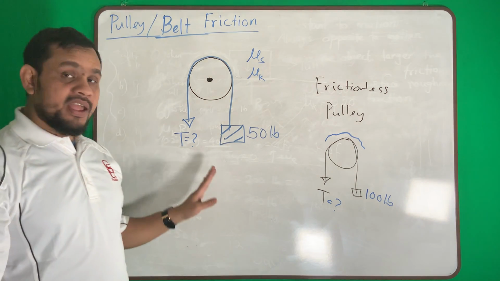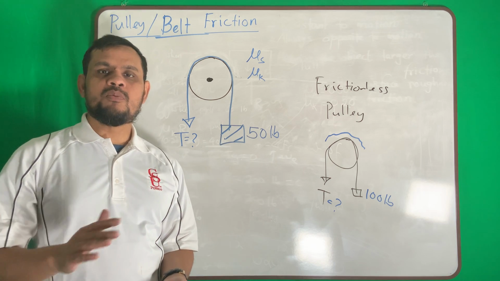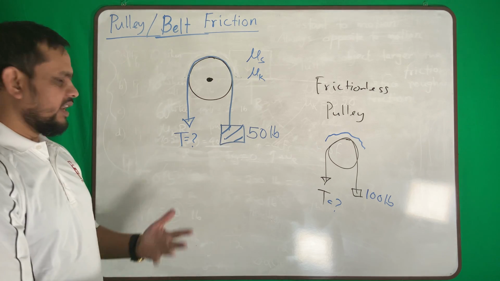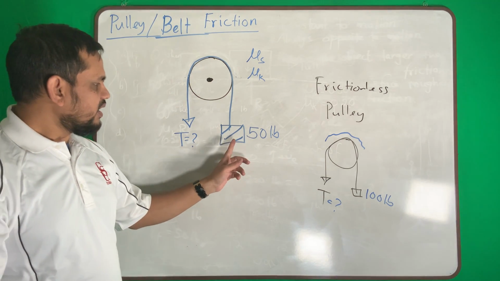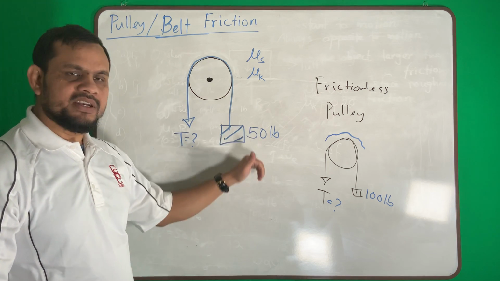As you know, friction depends on the motion. It is always opposite to the motion. So just by giving this problem, I cannot ask what is the value of T. I must tell you what the motion of this object is. Is it going up or is it going down?